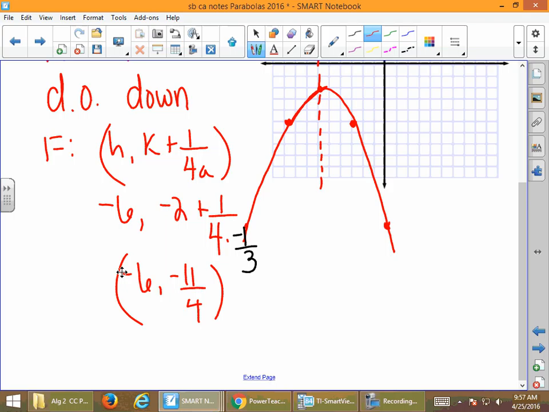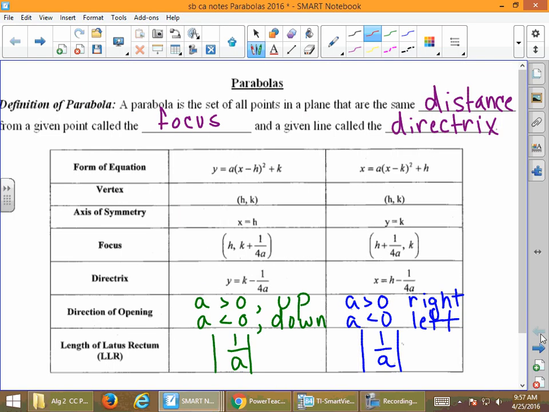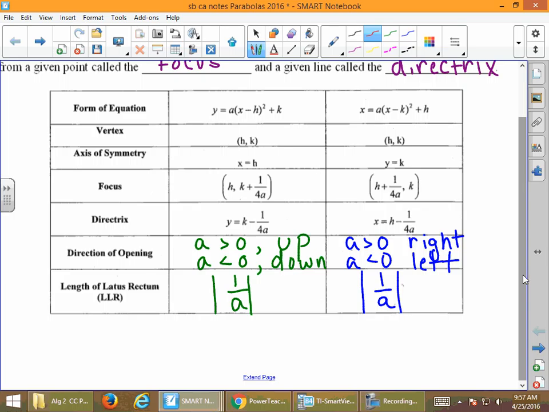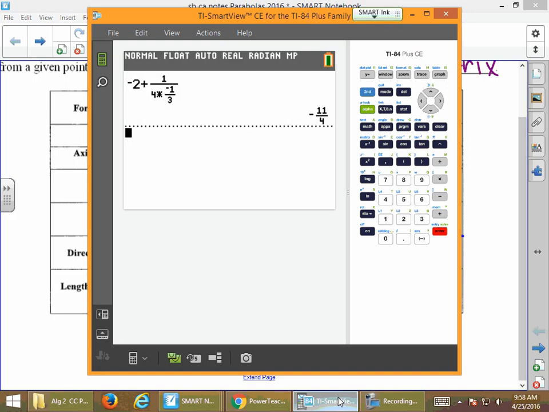Then our directrix. The nice part is, if you look back at the formulas for the focus, it's k plus 1 over 4a. Well, the directrix is going to be a line, but it's k minus 1 over 4a. So if we can get one of them typed into the calculator, the directrix then will be much easier to type in if we simply go back to our equation and we change that plus to a minus.